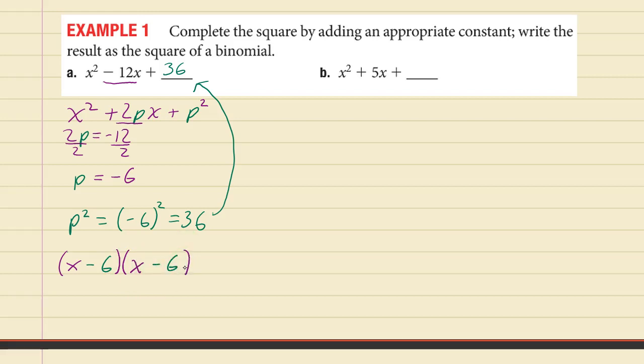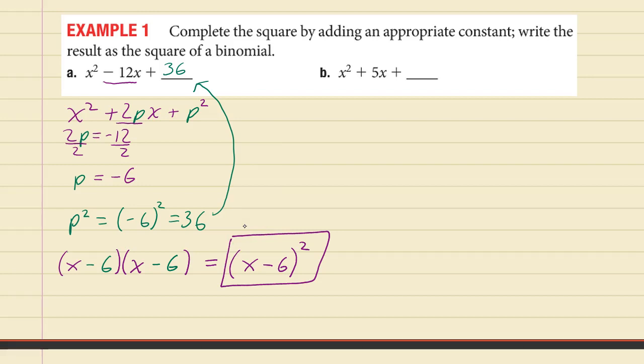And if you want to check that by FOILing it, you get x squared minus 12x plus 36, and you will. And then we could also just write that as the square of a binomial, x minus 6 squared. And that is the method of completing the square.